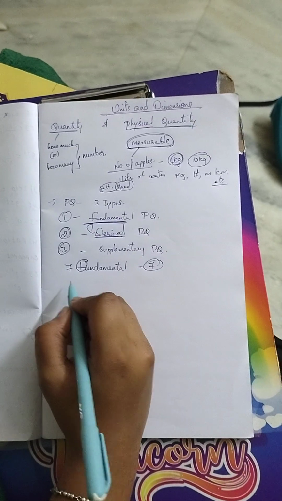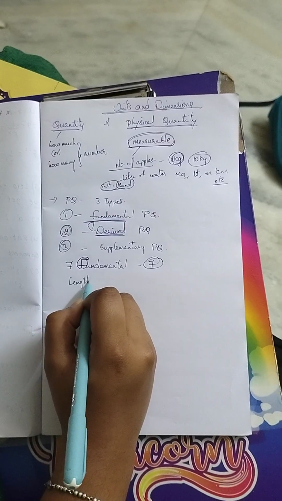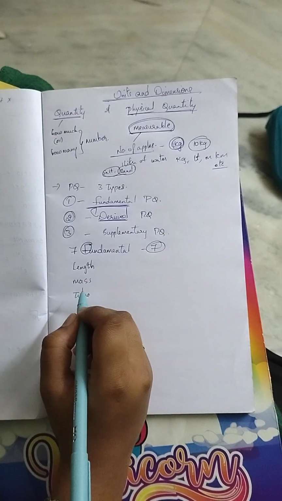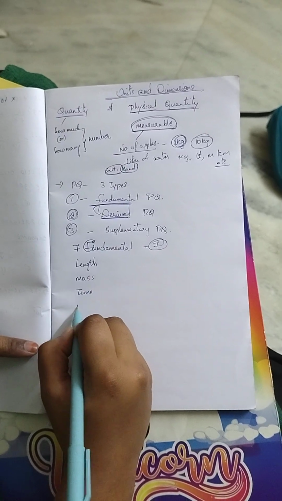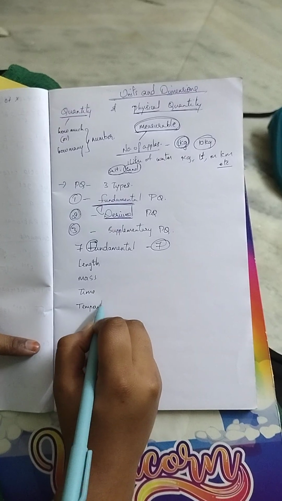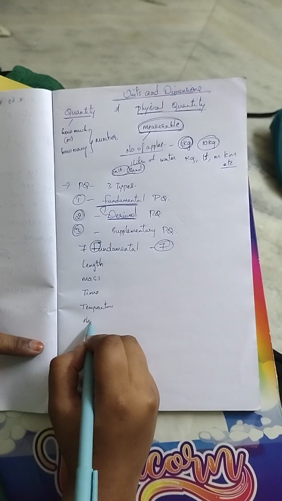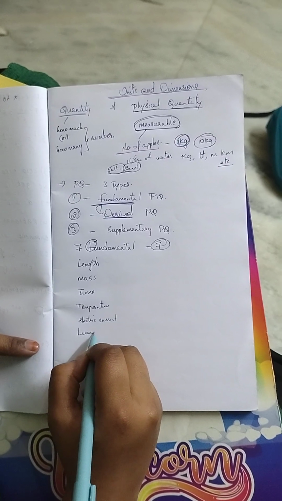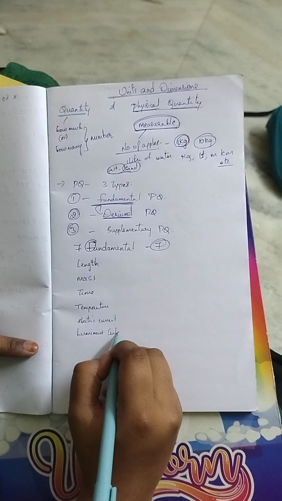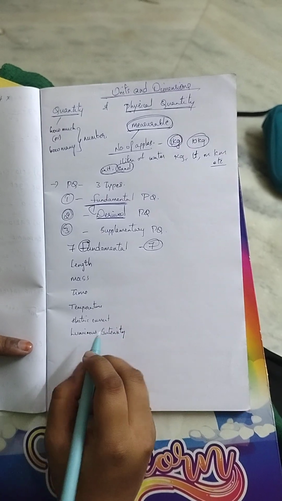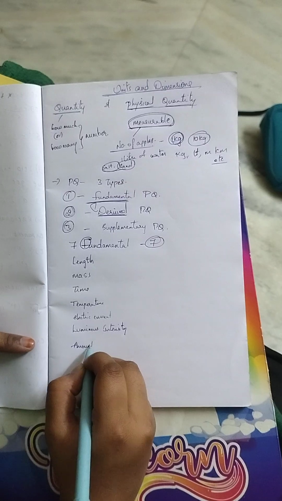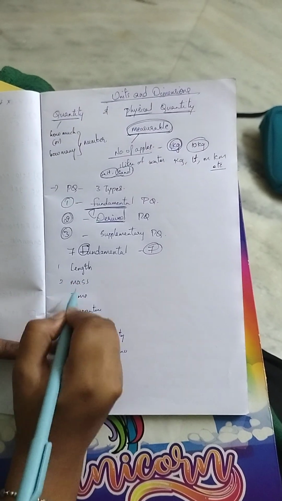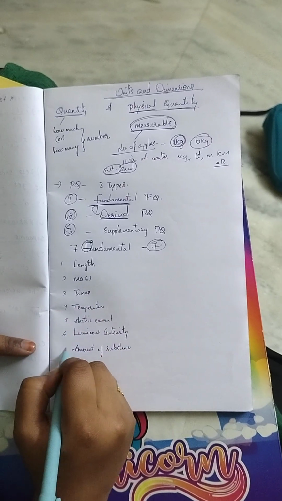Length is a fundamental quantity, mass, time, temperature, electric current, luminous intensity, amount of substance. So 1, 2, 3, 4, 5, 6, 7.